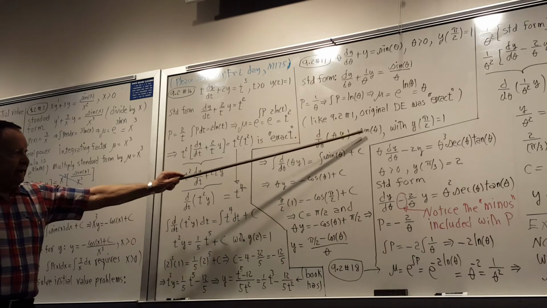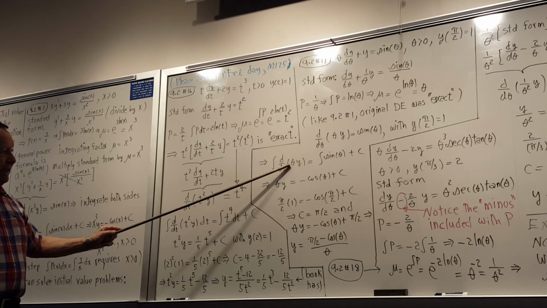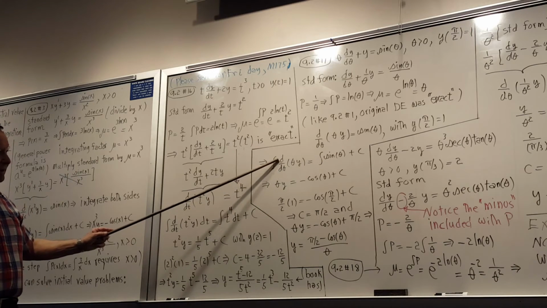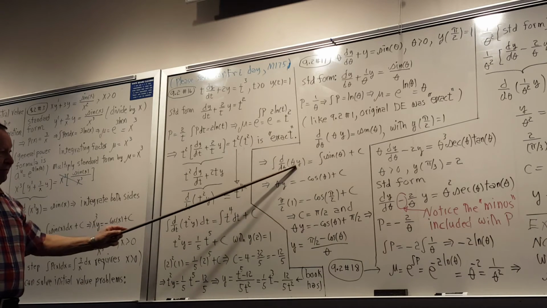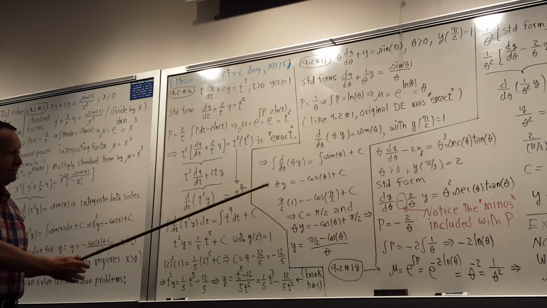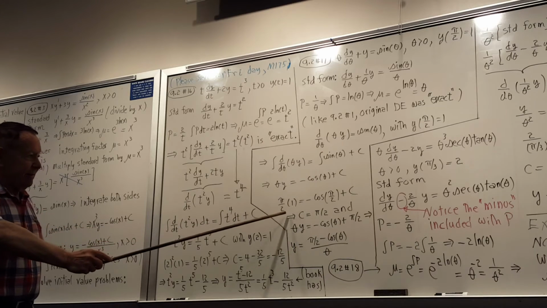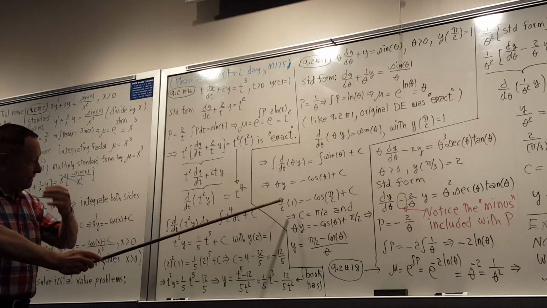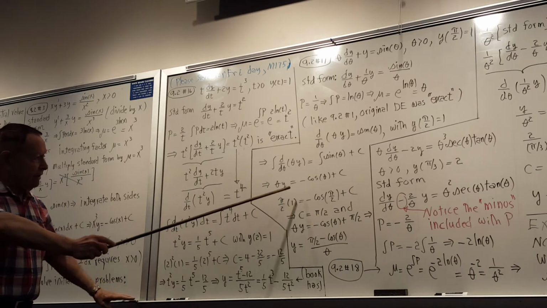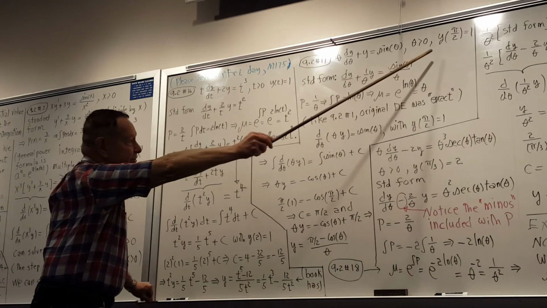So then you integrate, and when you do integrate the derivative of this product, you get the product. You integrate the sine and you get minus cosine. And then you can use your initial value.